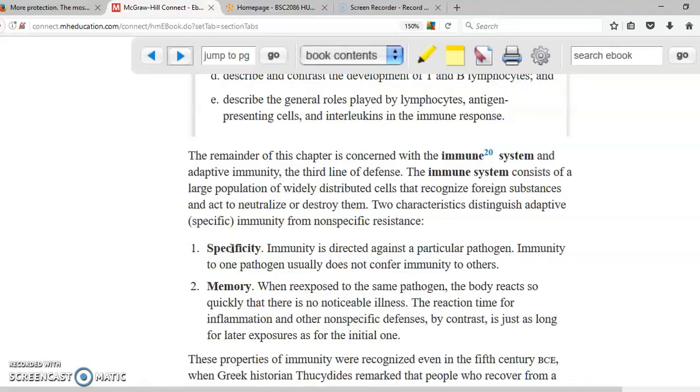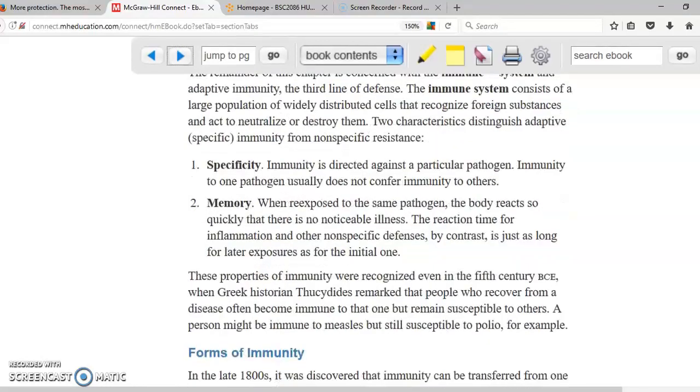Memory, because once you've been infected with this microorganism one time, this type of immunity is going to give you memory. So the second time you get the same infection, you don't even feel that you have it, because the response is going to be so fast that you don't have any signs and symptoms most of the time, and that is provided by the memories.